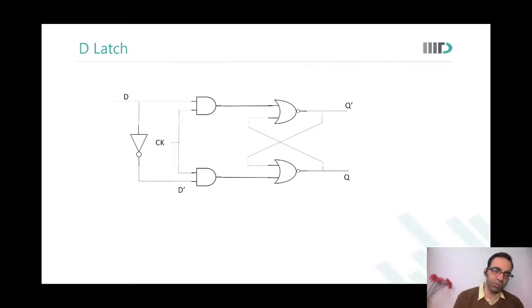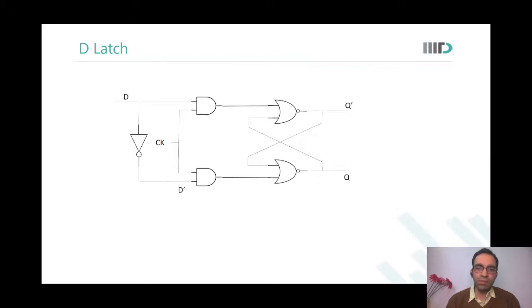How many transistors do you need? Raghav is saying 18. Vaishnav is saying 12. Okay, 14. Lakshay is saying 18.